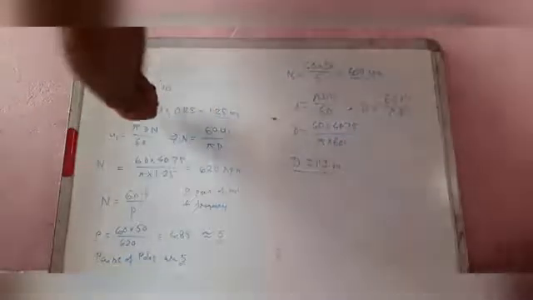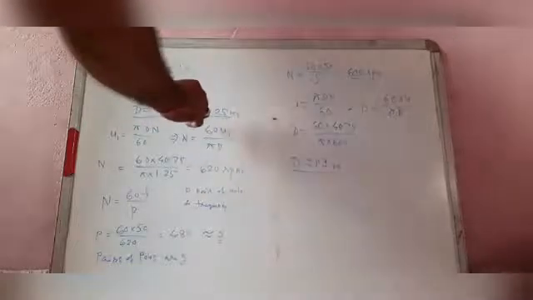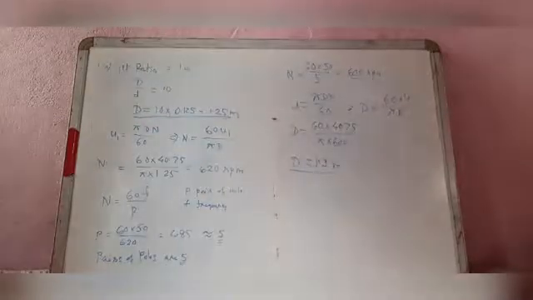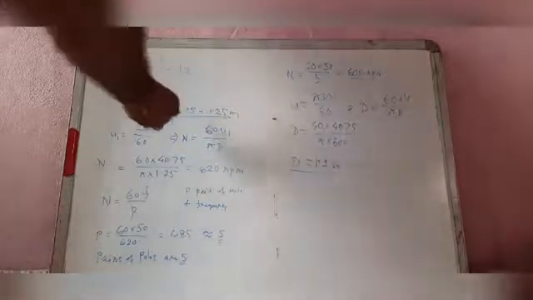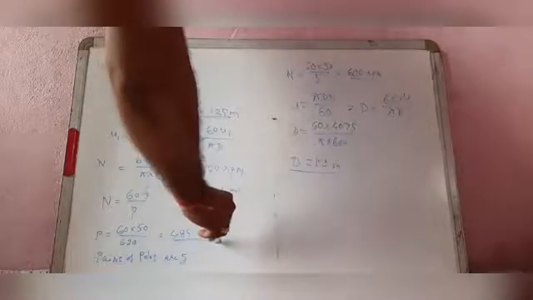Here we have calculated D equal to 1.25. From here we have calculated number of pair of poles 5. This is approximately 5.